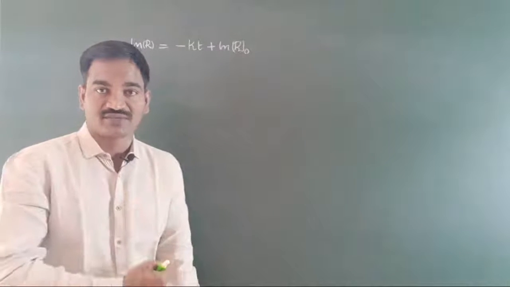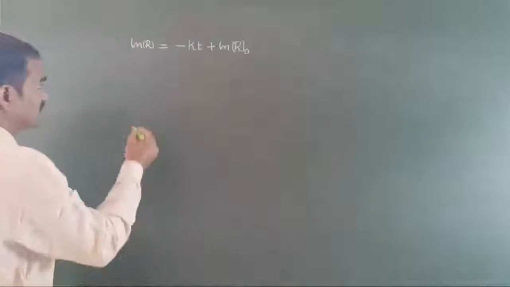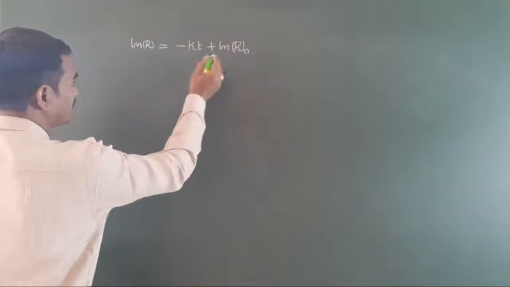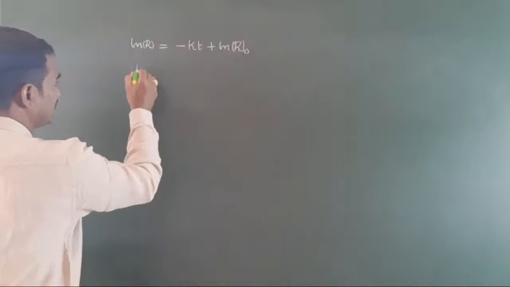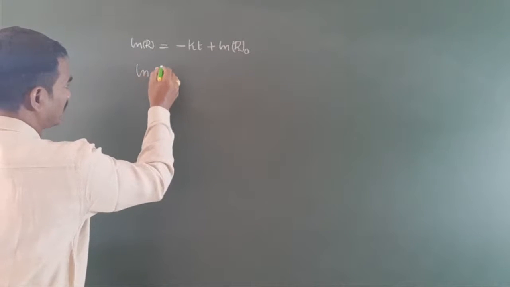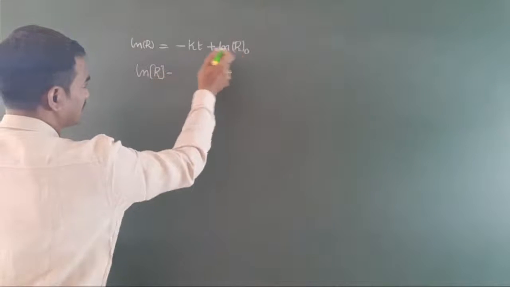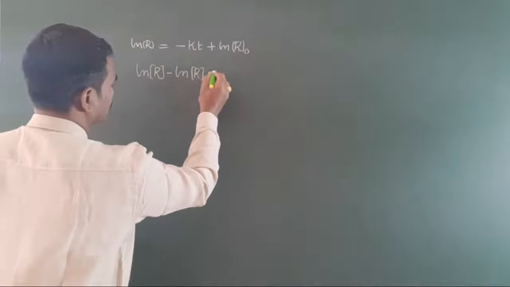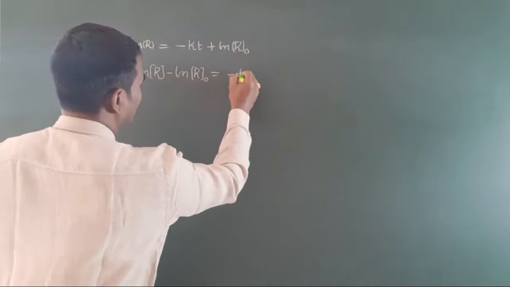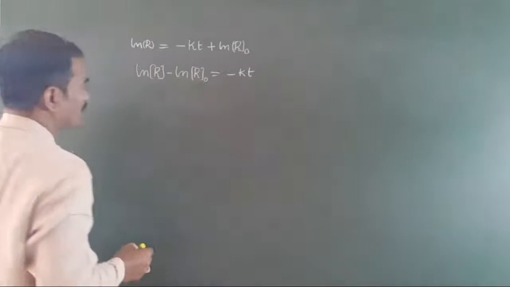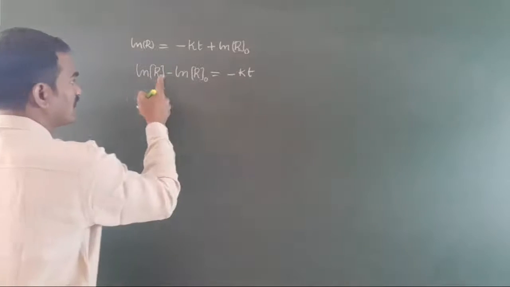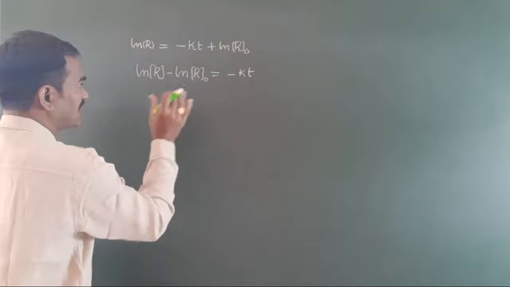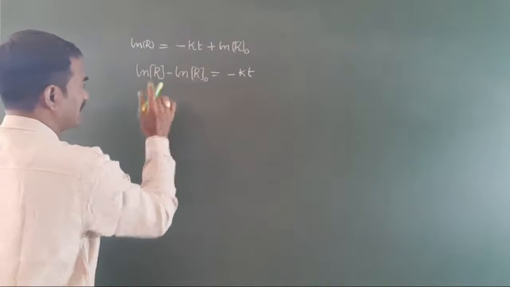Now the continuation. Here we take ln R minus ln R naught is equal to minus kT. Now I am multiplying both sides with a minus.